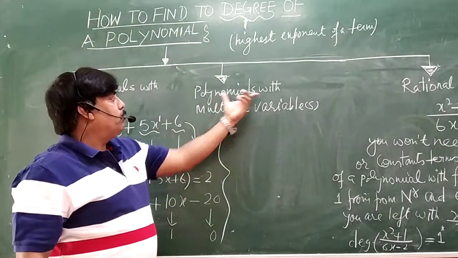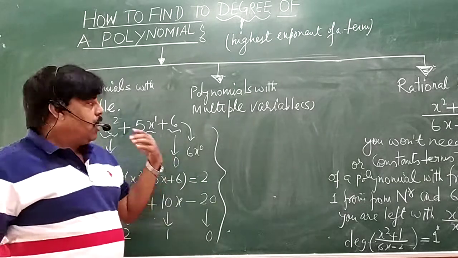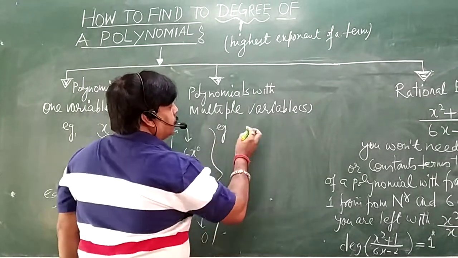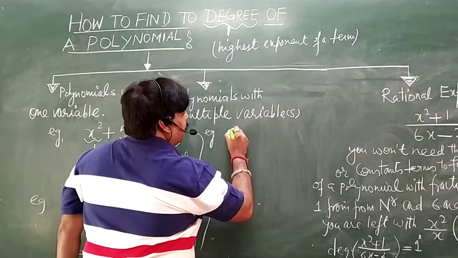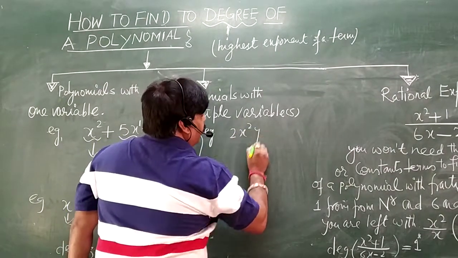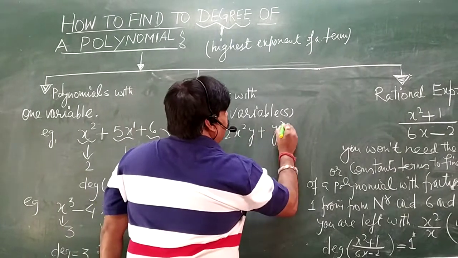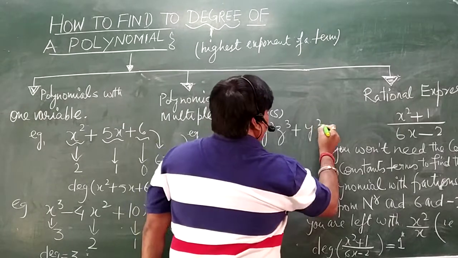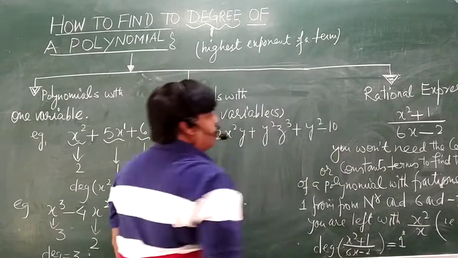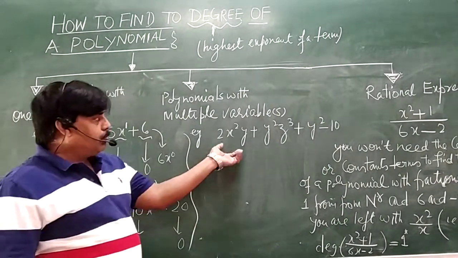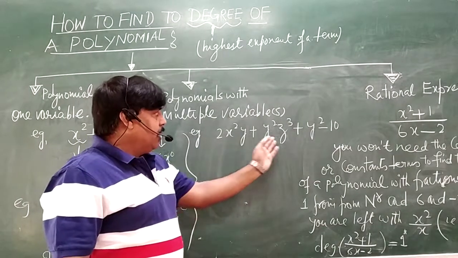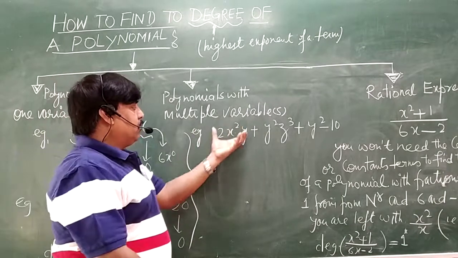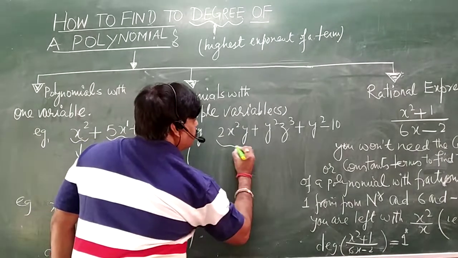Now polynomials with multiple variables, meaning more than one variable is given. For instance, suppose your expression is 2x square y plus y square z cube plus y square minus 10. Here there are multiple variables: x, y, z are all variables. Now we will check the exponent of each individual term. This is your first term.